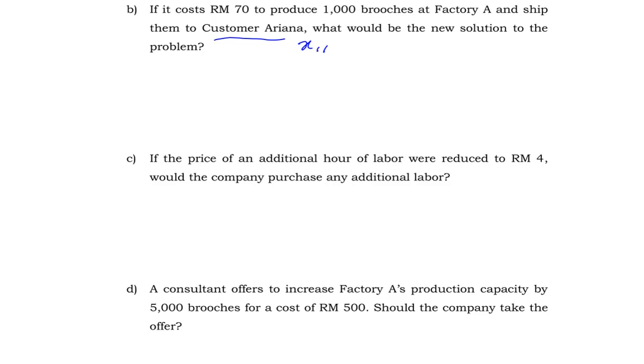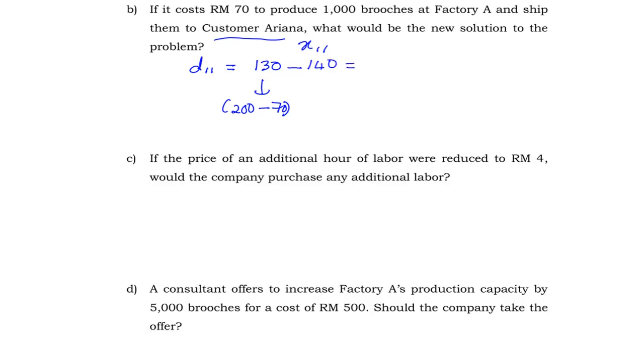Therefore, the change is D11 equals 130. So this one, 200, Ariana pays 200 minus the new cost 70 ringgit. So this is the new coefficient for variable x11, minus the original coefficient, 140, right?